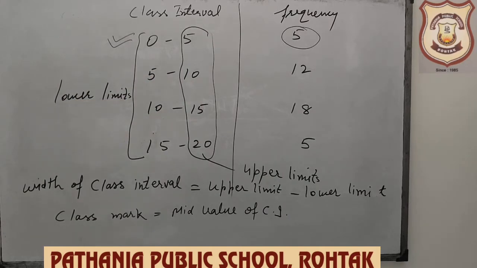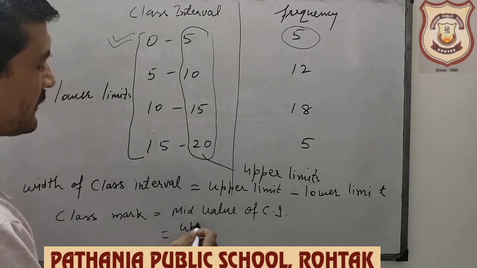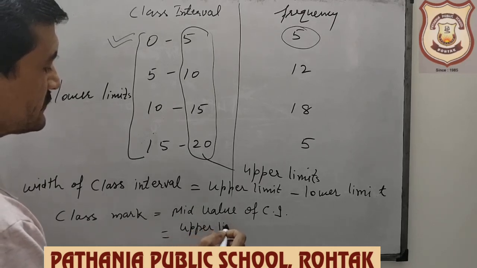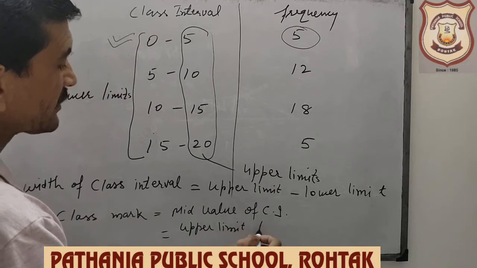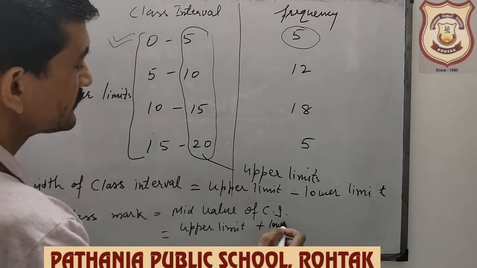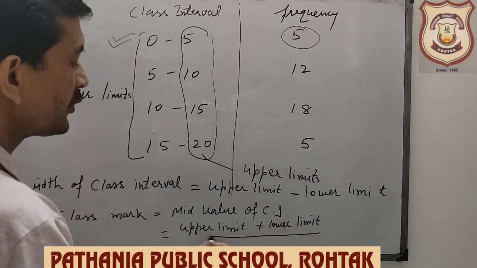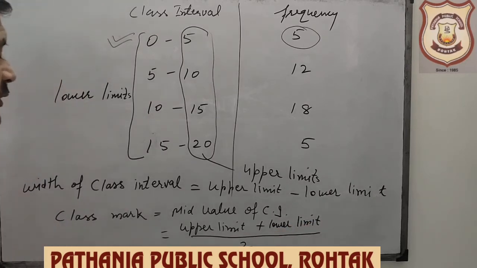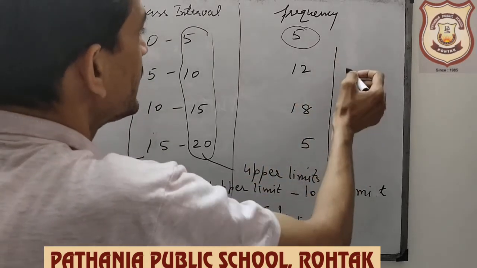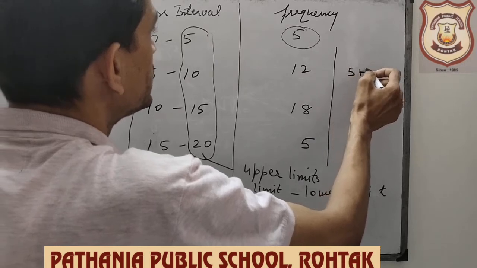That is the class mark of the given interval: upper limit plus lower limit upon 2 of any particular interval. Just like in the second interval, what is the class mark? The class mark of the second interval is 5 plus 10 by 2.